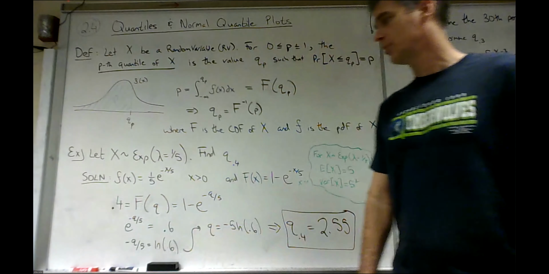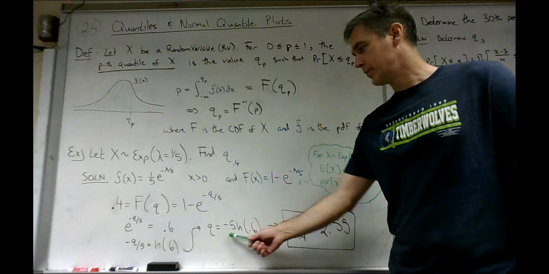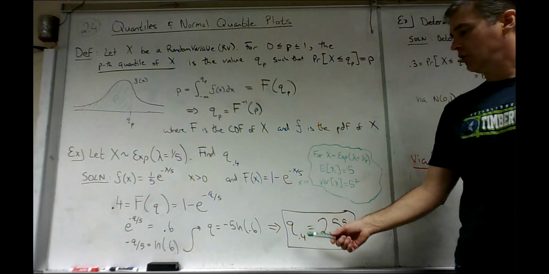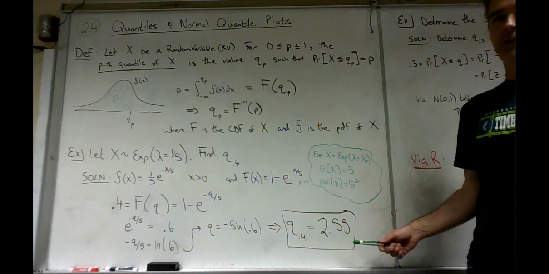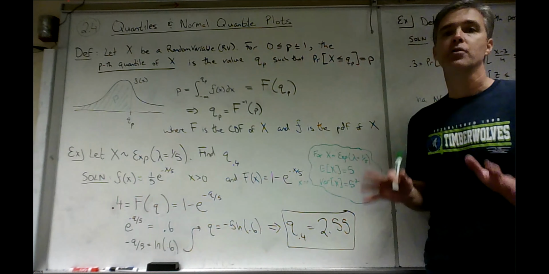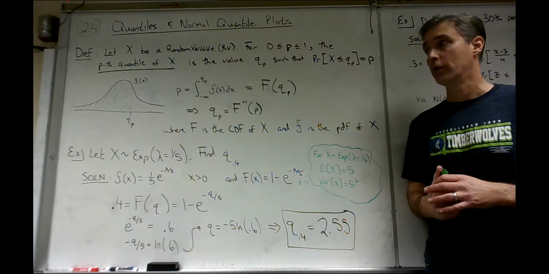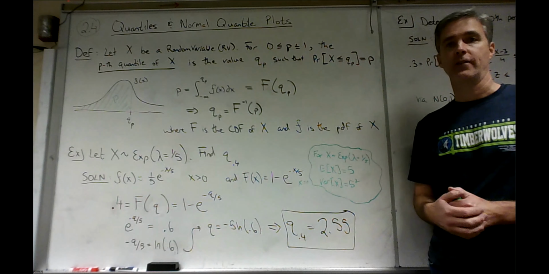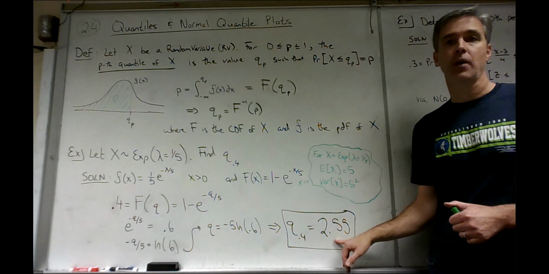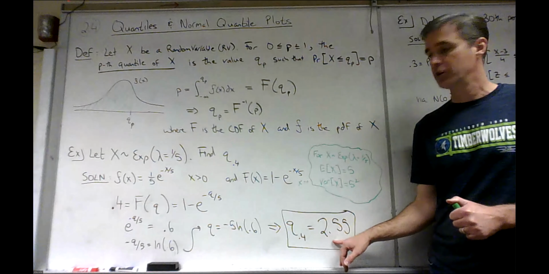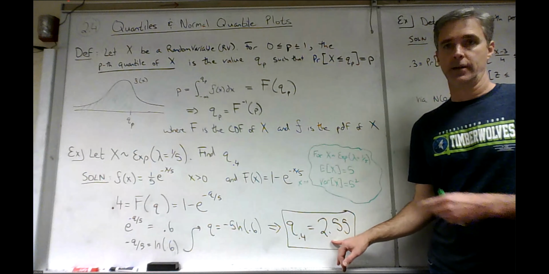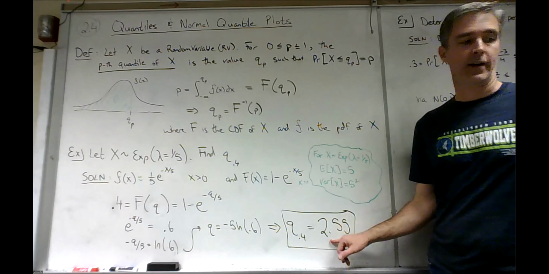Take the natural log of both sides and multiply both sides by -5. And I get q sub 0.4 is equal to 2.55. So the 40th quantile for the exponential distribution when lambda equals 1/5 is 2.55. So 40% of the probability of this exponential distribution occurs in the region to the left of 2.55.